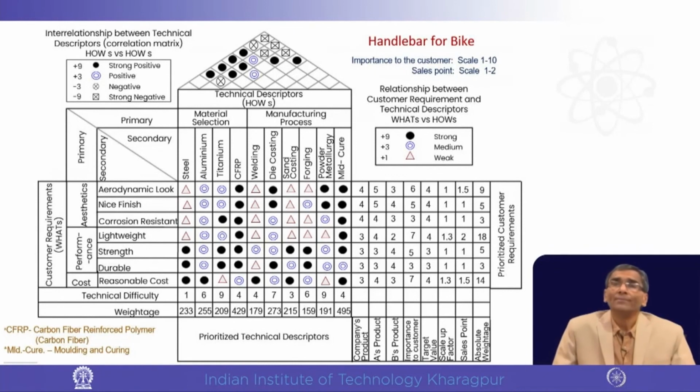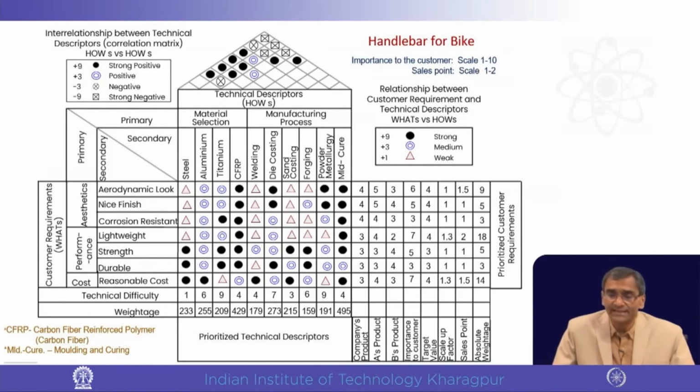So, now here we would say that the calculation for the weightage is the importance to customer multiplied by the scale up factor multiplied by the sales point.